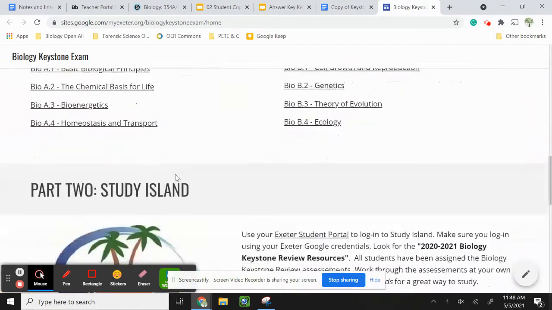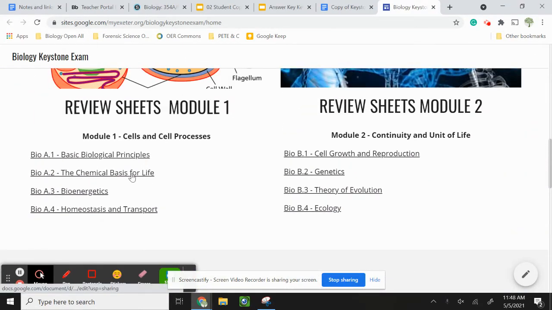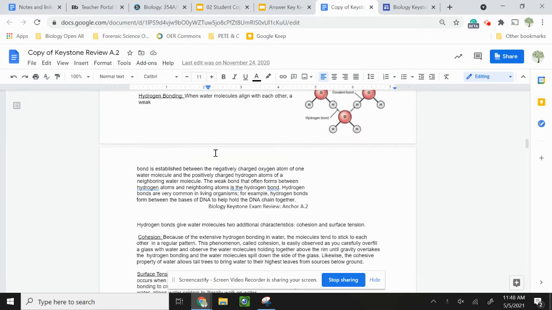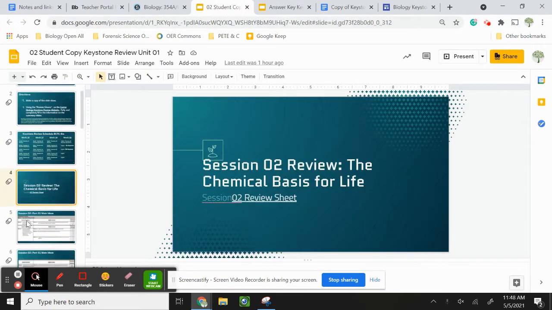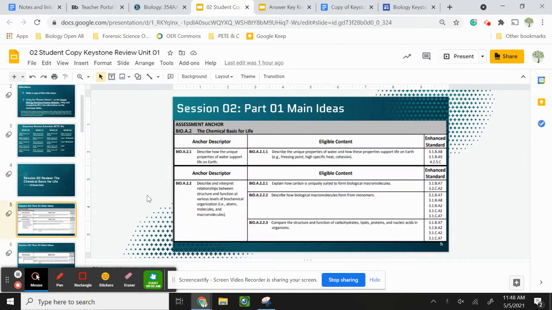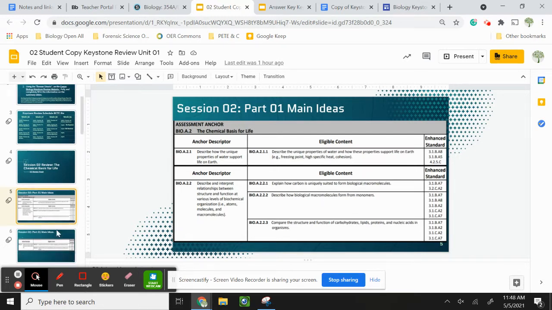So there's our Biology Keystone exam website, and here's the chemical basis of life. Those are the review sheets where you'll find all of the answers that you'll need. You should realize we are in session two, and the main ideas have to do with the stuff we learned in unit two, the unique properties of water and how they support life on Earth.